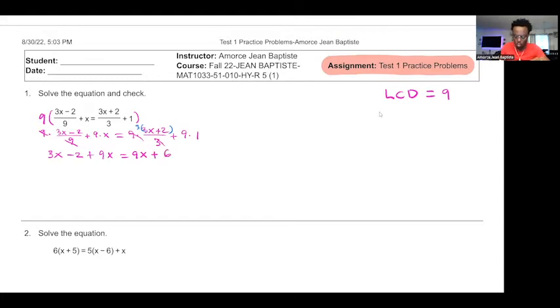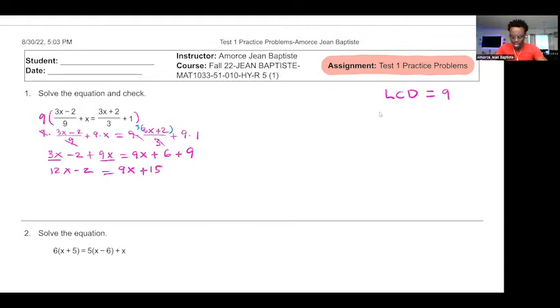And 9 times 1 is 9. Combining like terms, 3x plus 9x is 12x minus 2 equals, there's no like term here including x, so 9x stays by itself. And then 6 plus 9 is 15.